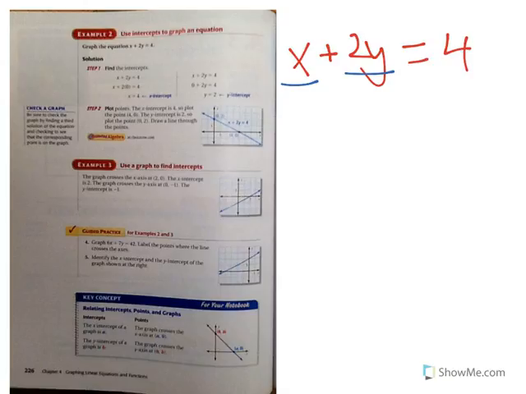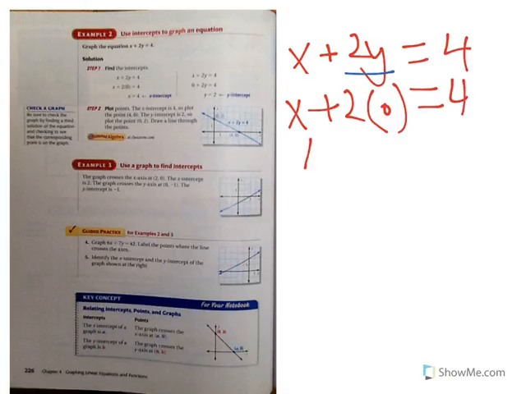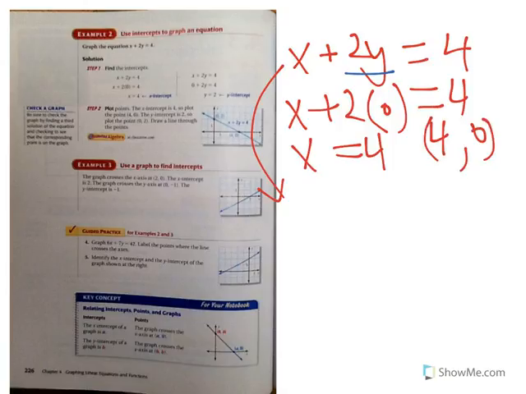So we're going to go ahead and make y into 0. So x plus 2 times 0 is equal to 4. That means x's value is equal to 4. So the point is going to be 4, 0.